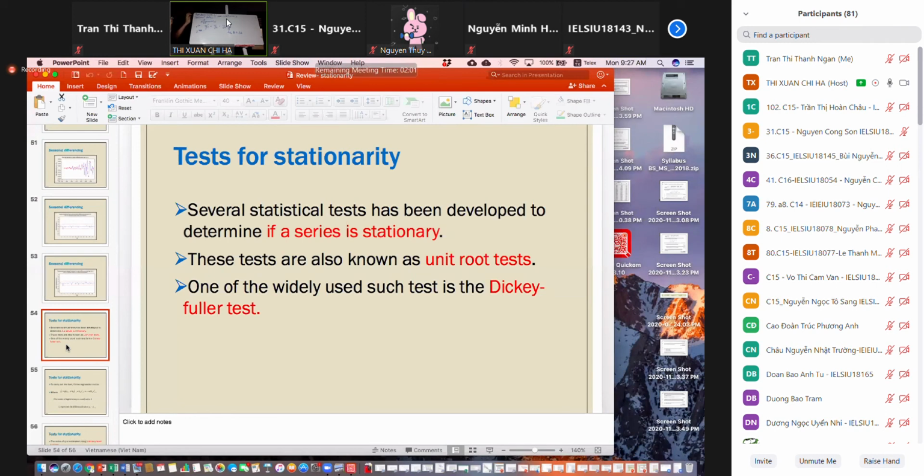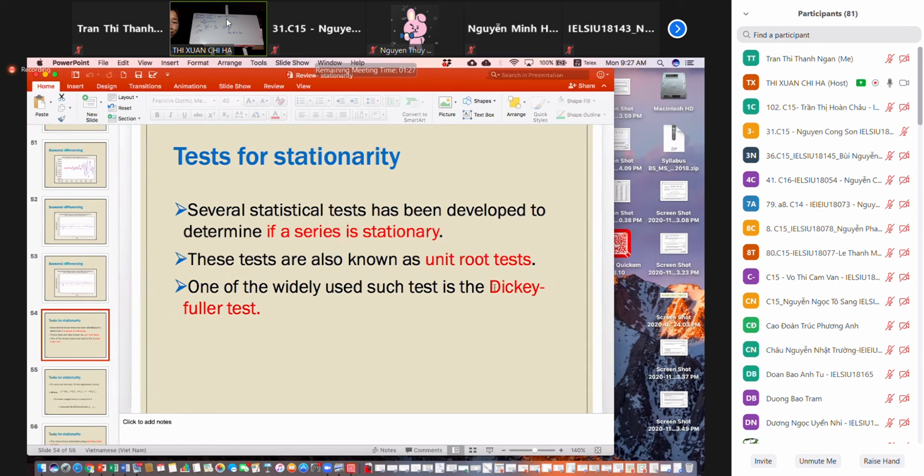So we have the seasonal and random differences to check. So right now we test for stationarity. You look at the data, you look at the plots, so you can recognize whether your data is non-stationary or not. But you still have several statistical tests to know whether your data is non-stationary or stationary.